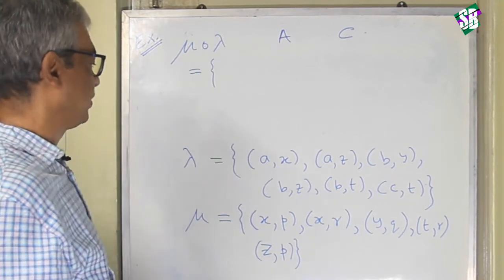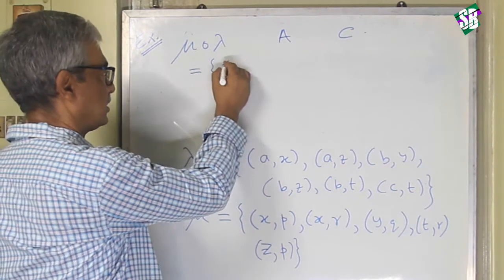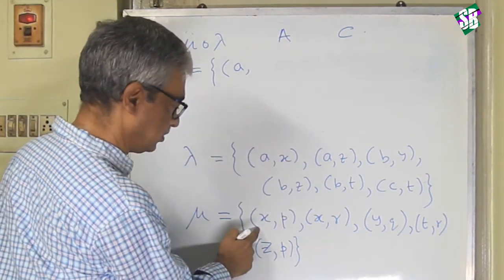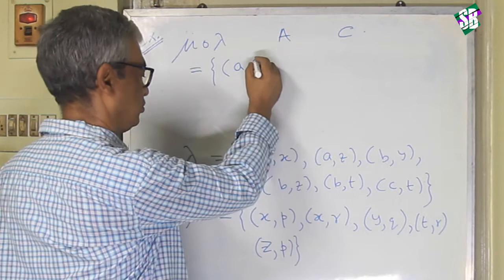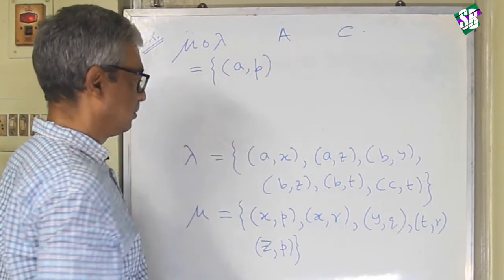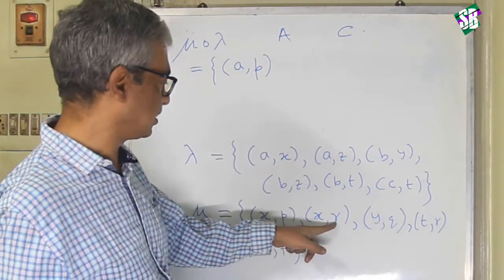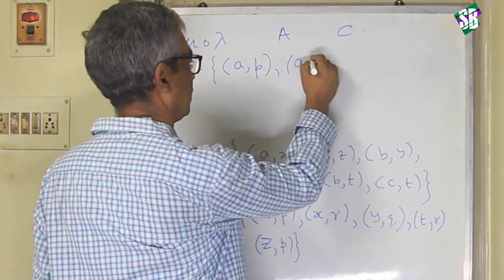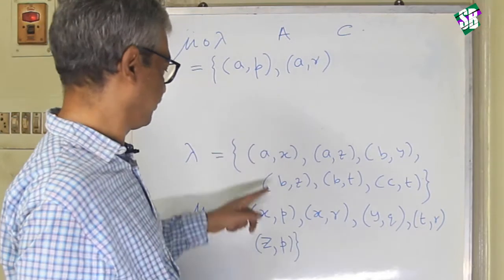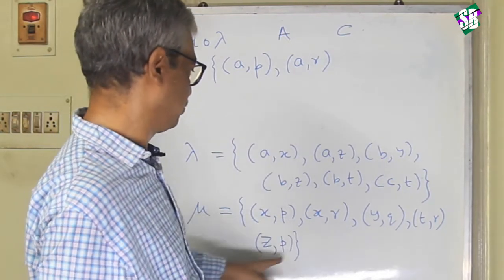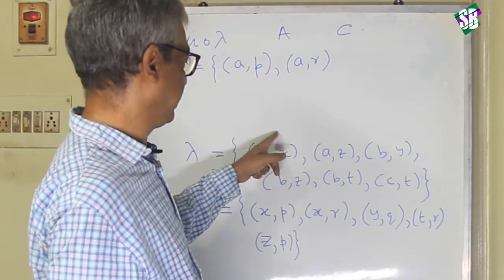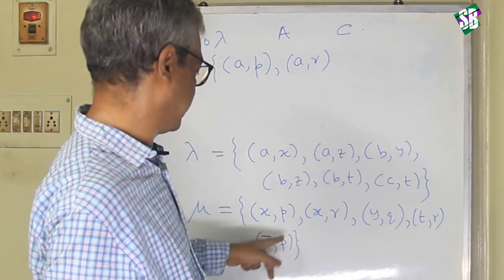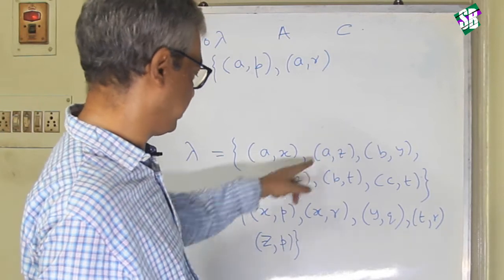Suppose you write a, then it is x. Here you have (x,p), so you can write (a,p). But (a,x) and (x,r), so you can also write (a,r). Okay. So x, there is no more x. So (a,x) is exhausted. Now there is (a,z), but there is (z,p), so you can write (a,p).